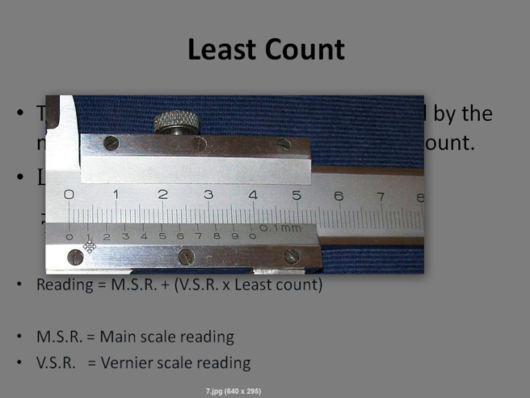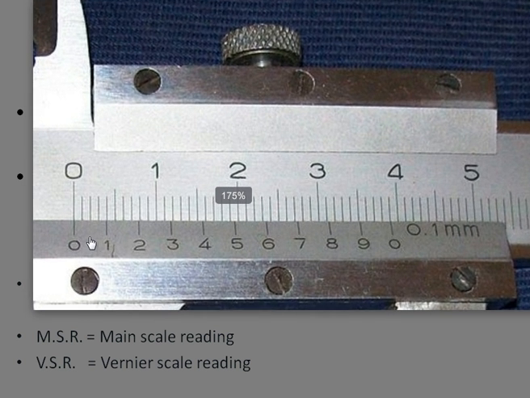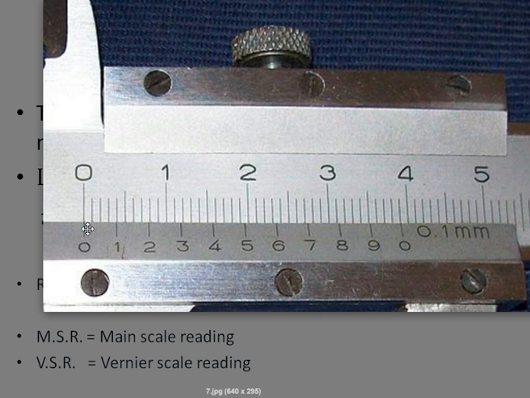So I'll explain. Here if you look at this particular value, 0 is matching here. This is 1, 2, 3 and 4. So at this point there is a 4 mm reading, but this Vernier scale first division is not exactly matching this particular main scale line here.